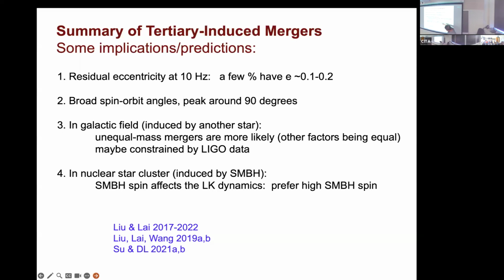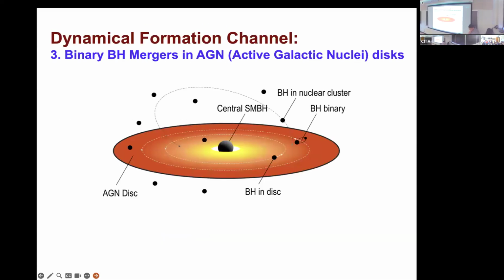And in the nuclear star cluster, you have this GR effect that can affect the merger window. Again, everything being equal, if you have a supermassive black hole with a high spin, that tends to broaden the window more. All right, so that's the second class of merger channel, tertiary induced merger.